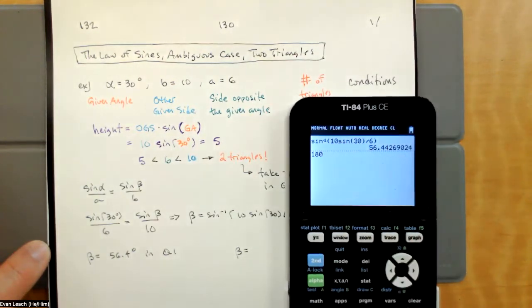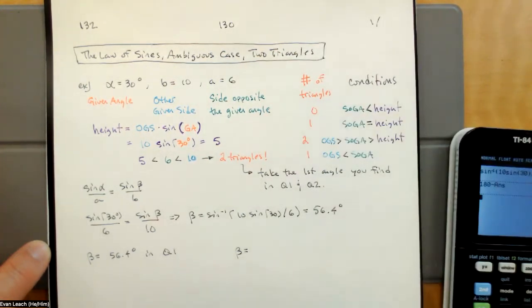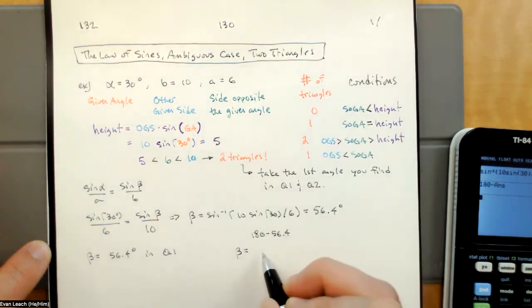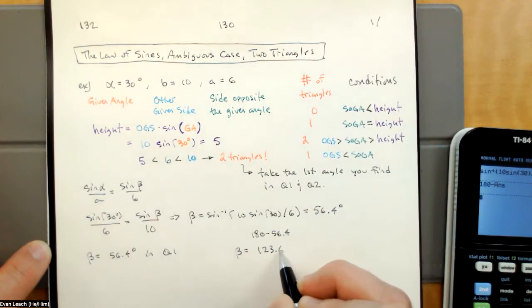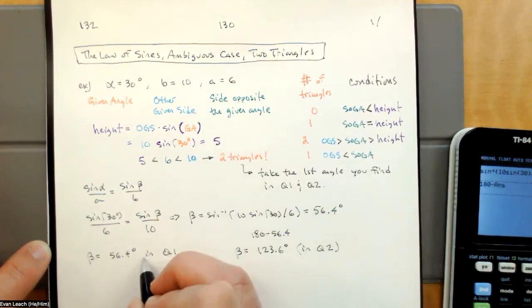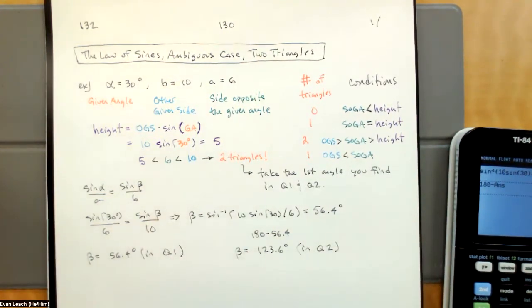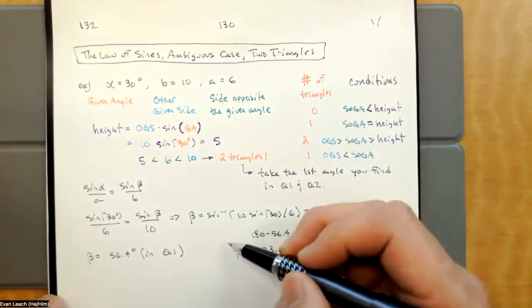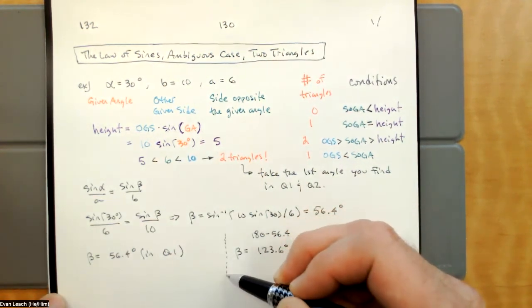So 180 minus 56.4 is 123.6. So I have two different values of beta representing our two different triangles. So this is how we split into the two triangles case.